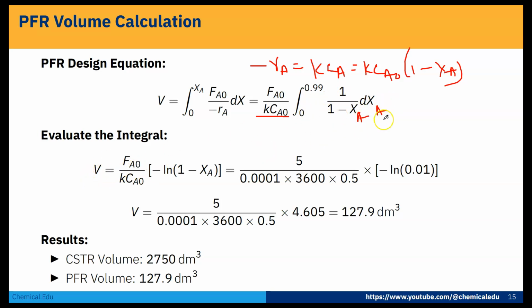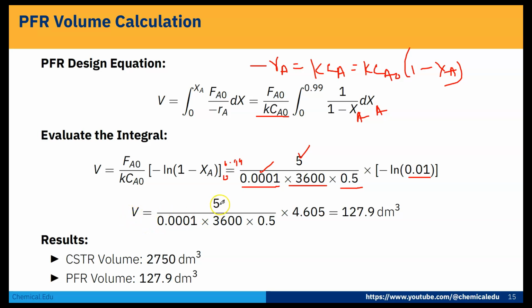Now if I do the integration, V will be Fa0 divided by K Ca0, times minus ln (1 minus Xa), from 0 to 0.99. Now if I put the Fa0 value, 5 mole per hour, and then K is 0.0001 per second, so we multiply by 3600 to have it in hour, and Ca0 is 0.5, and then minus ln (1 minus Xa), that is minus ln 0.01.